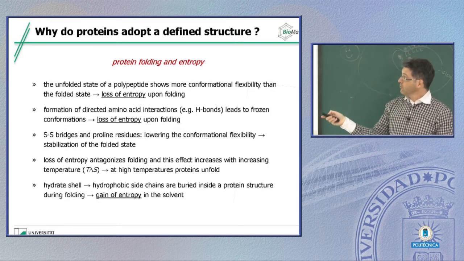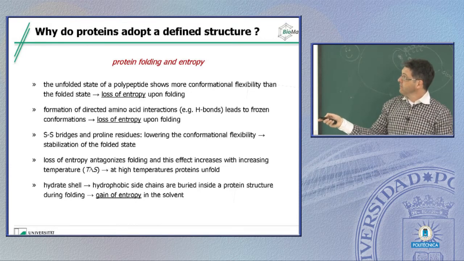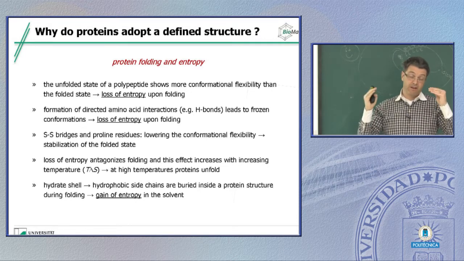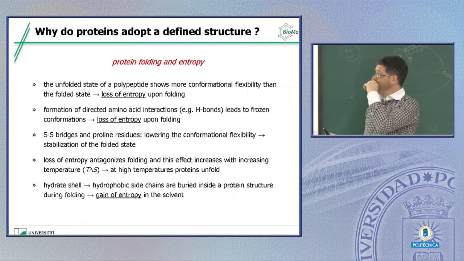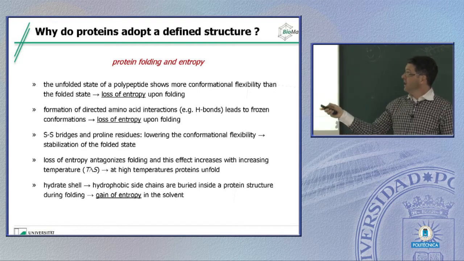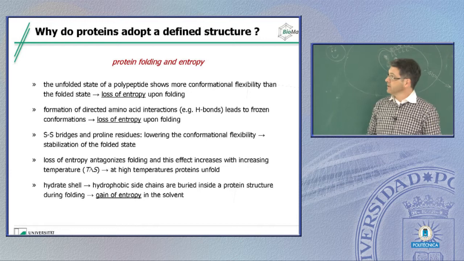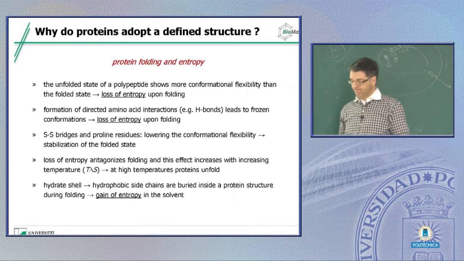So if we have proline residues and also disulfide bridges involved, but disulfide bridges play less a role in silk proteins. So if we talk about the proline residues, we are also lowering the conformational flexibility, and this, on the other hand, will stabilize the folded state.